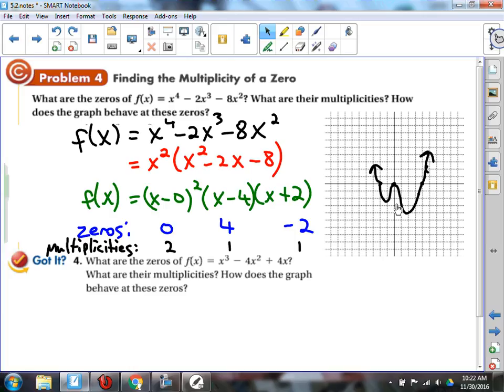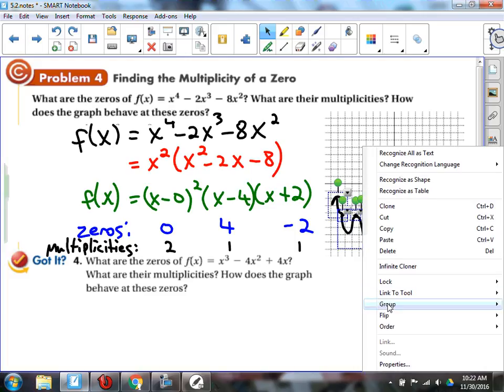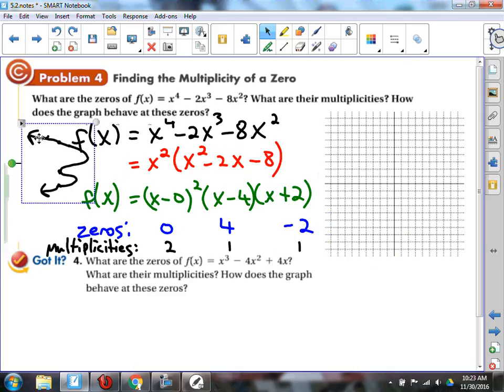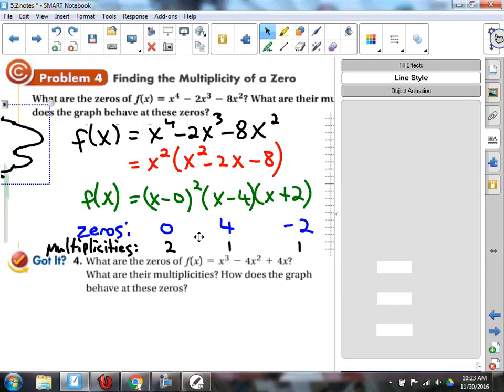Kind of looks like a W, or maybe a shark or a fish, or I don't know. If you consider this general shape. See if I can group all that together. Doesn't that kind of look like a shark? It's a shark.